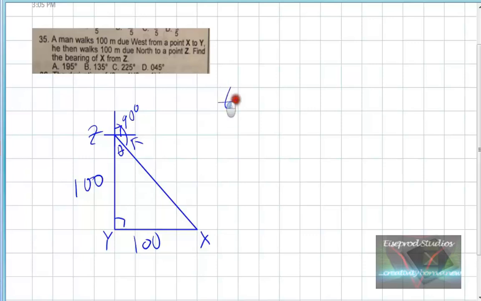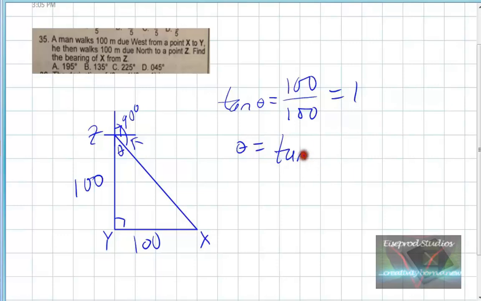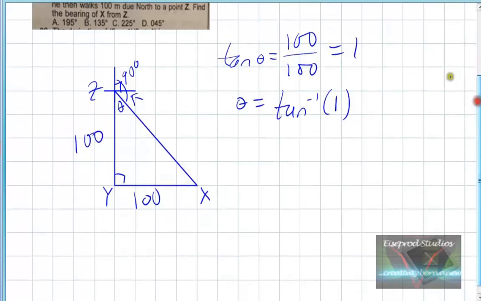So the tangent of this angle theta is equal to 100 over 100, which is equal to 1. To get this angle theta, we take theta equals the tangent inverse of 1, which you really want to practice with stuff like this. So the tangent inverse of 1 is going to be 45 degrees.